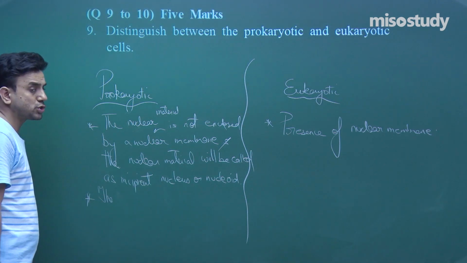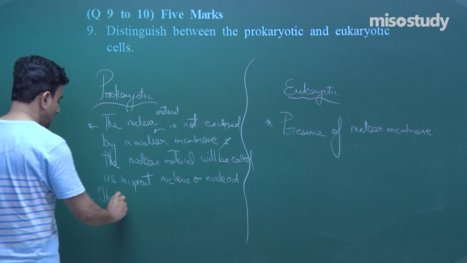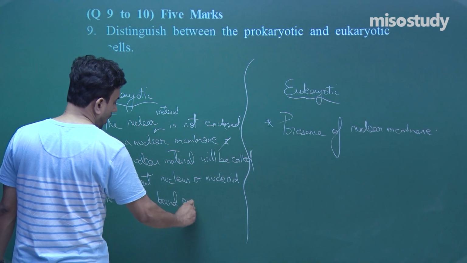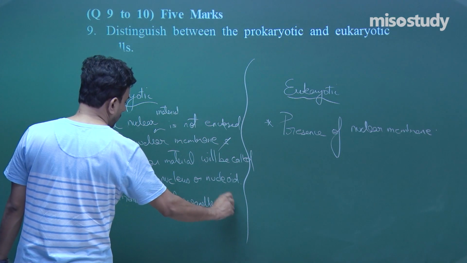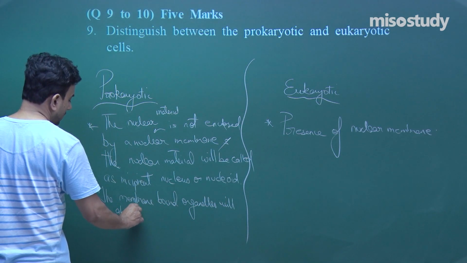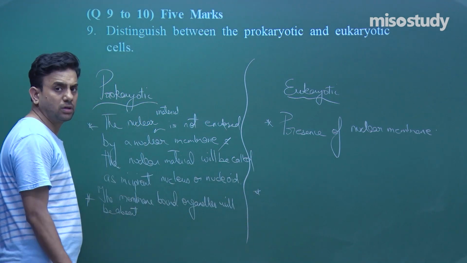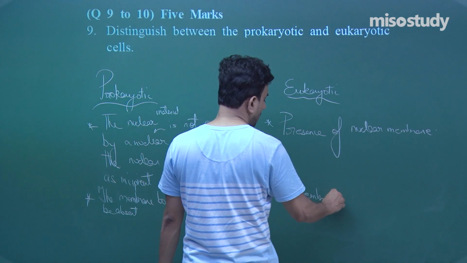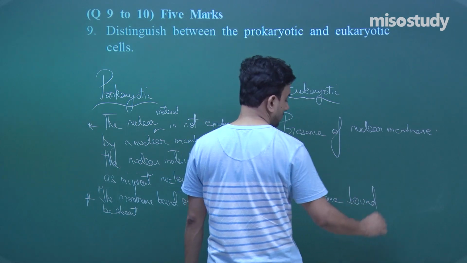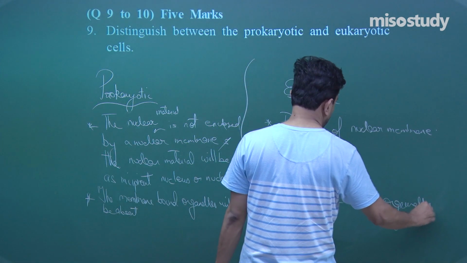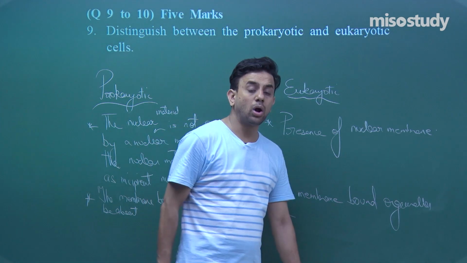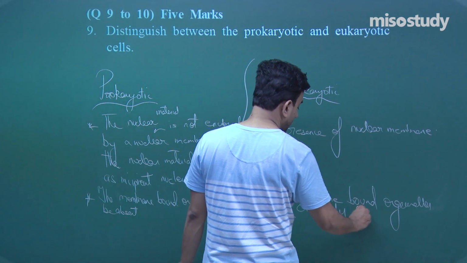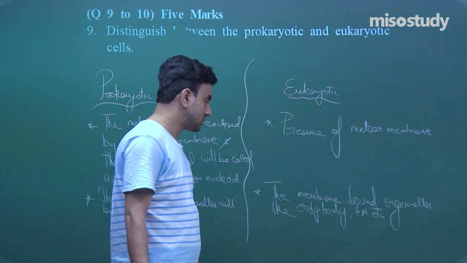Rather than writing the complex we should write the membrane bound organelles will be absent, and here the membrane bound organelles like Golgi body, endoplasmic reticulum, etc., will be present.